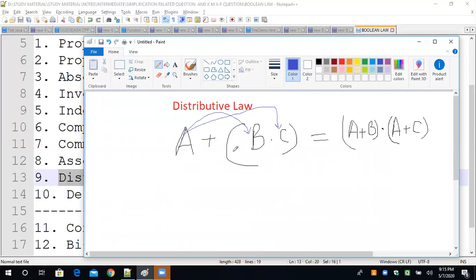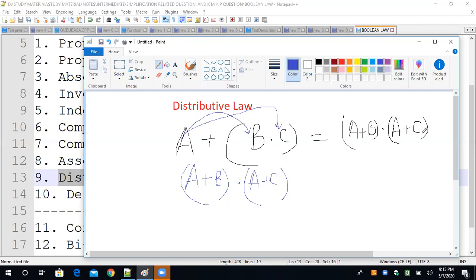Okay, so what will happen? A plus B, and dot, A plus C. The same A will be distributed equally with B and C. Understand? No problem. And you can see that the same thing I have written in the right hand side. Now vice versa we can prove.